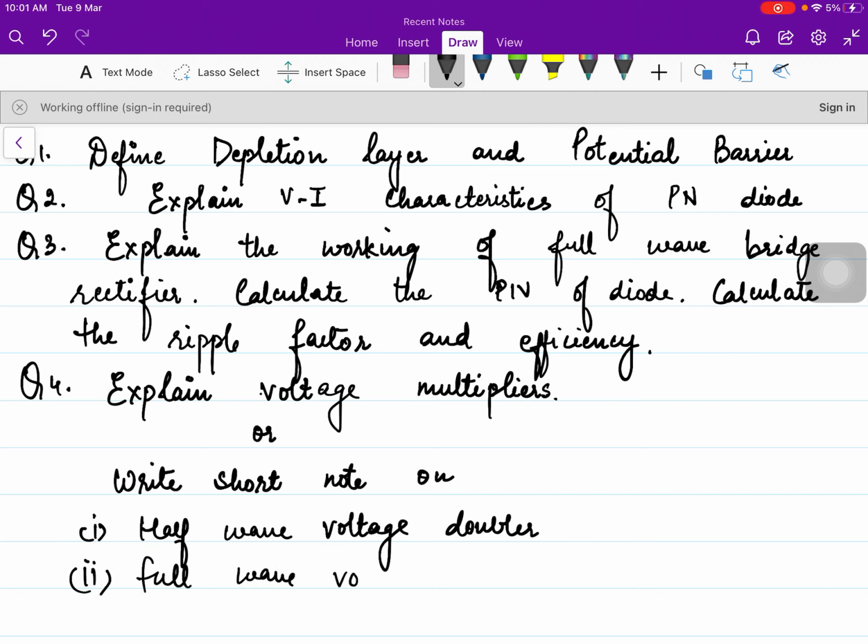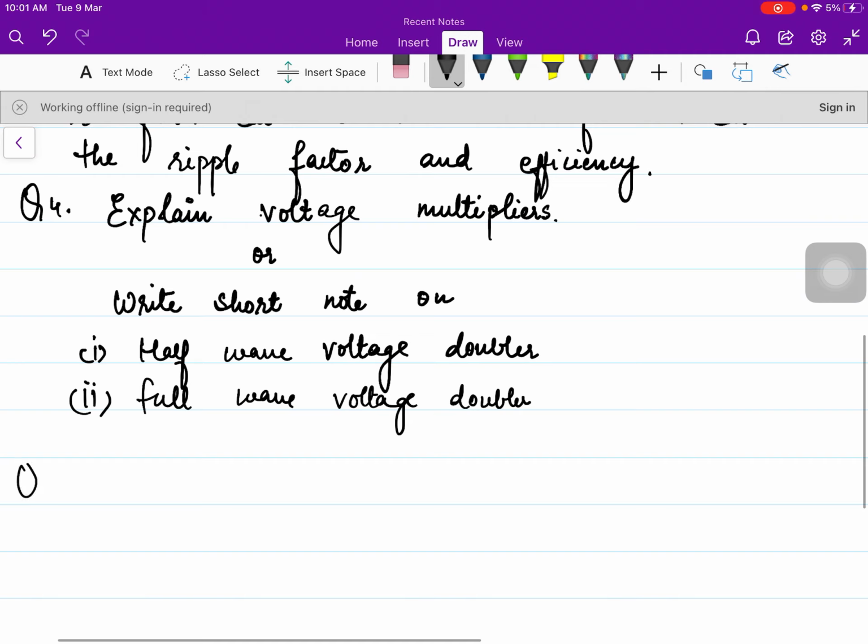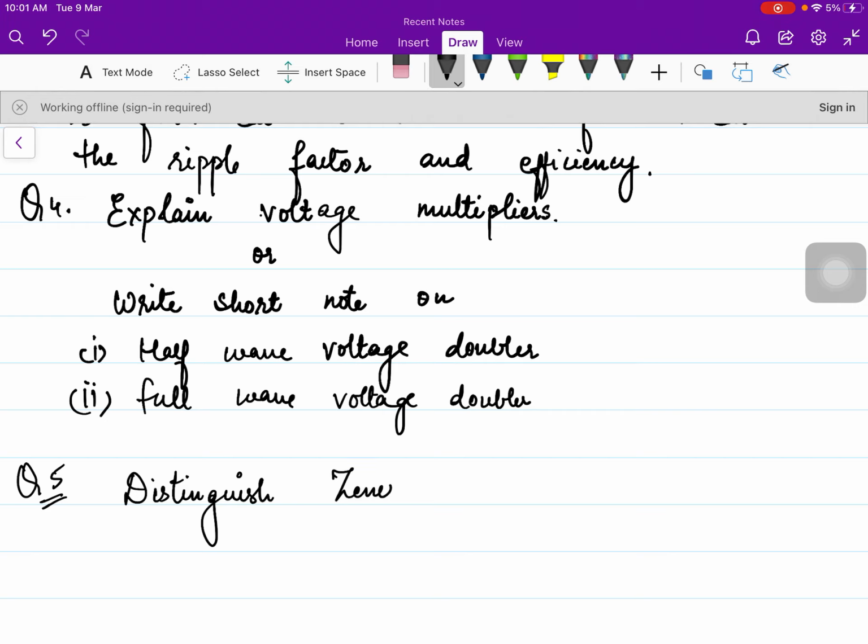So this is important. Then a very important question comes next, that is to differentiate or distinguish Zener and avalanche breakdown. Zener and avalanche breakdown. That's an important question.